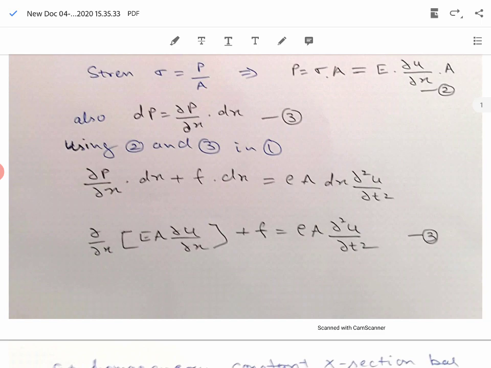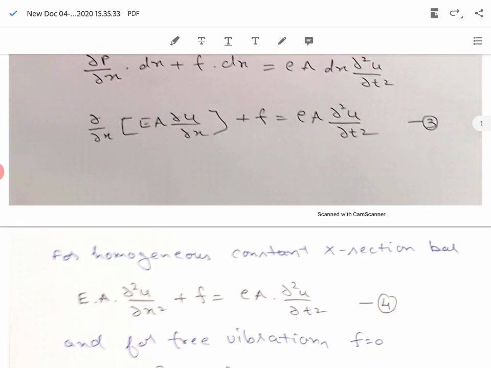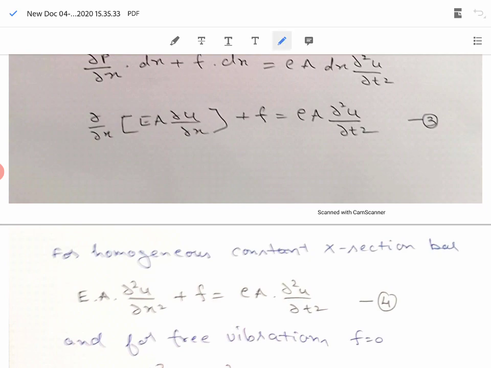Now equation 3 is for the non-homogeneous, non-constant cross-section longitudinal vibration of the bar, which is subjected to forced vibration. In case the bar is of constant cross-section, the area A will no longer be a function of x and can be taken out of this derivative. Similarly, if the bar is of homogeneous material, the E can also be brought out of this differential.